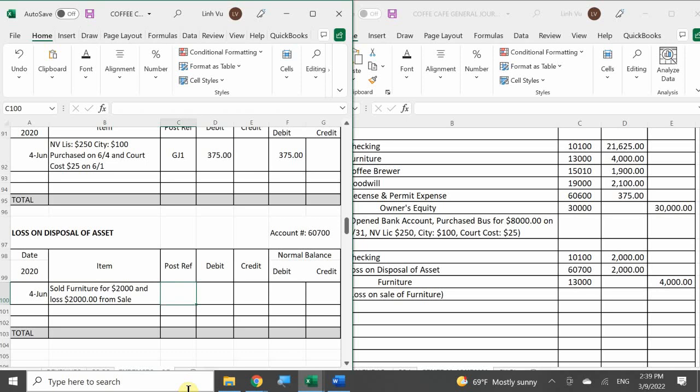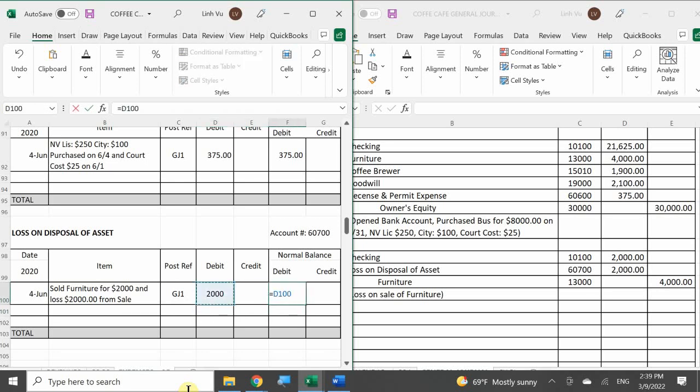All right. We are still on general journal number 1. And because we have to take the loss because it's part of the expense, we spent $4,000, but we end up only getting $2,000 back. Therefore, we're going to record this as a debit loss.